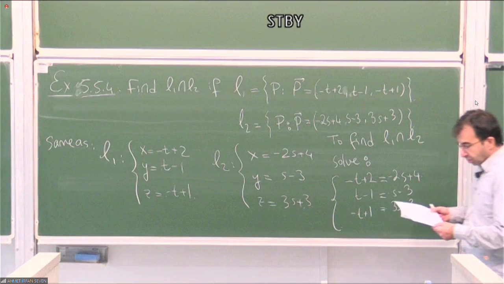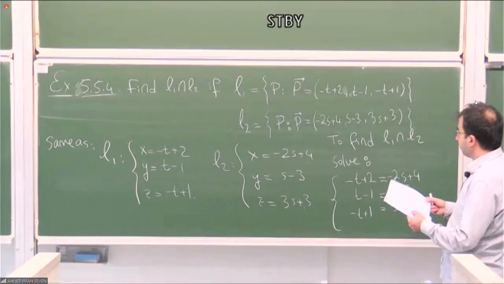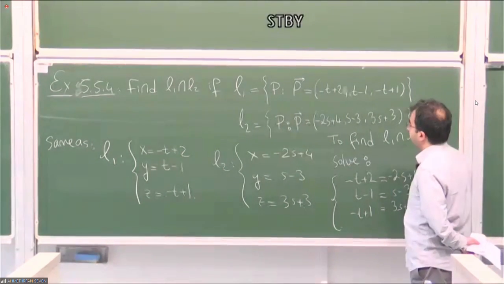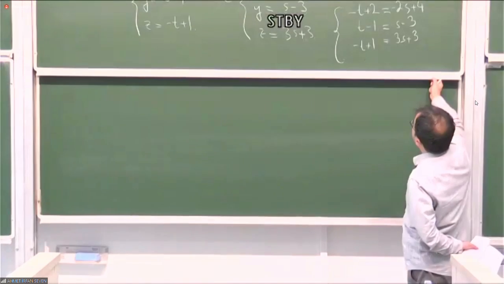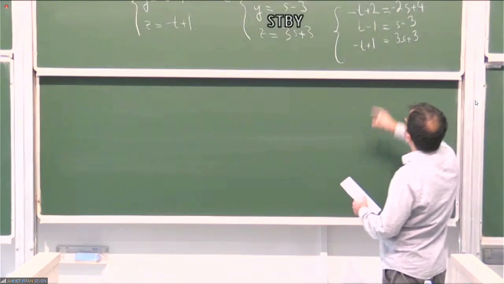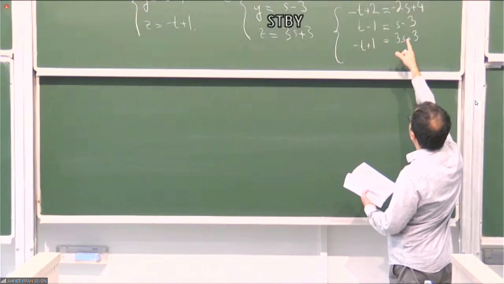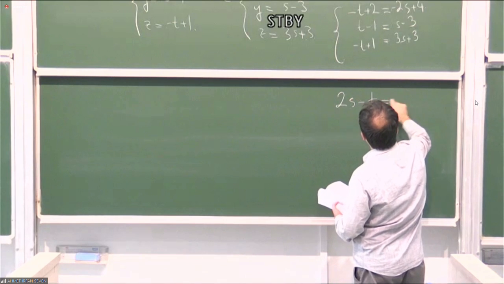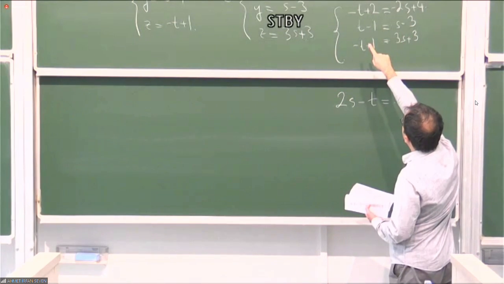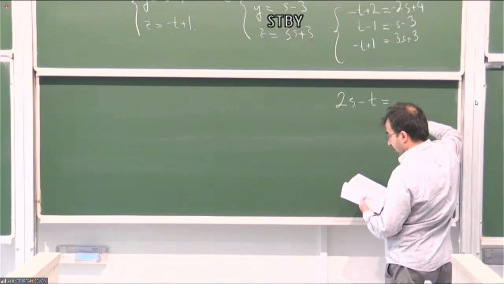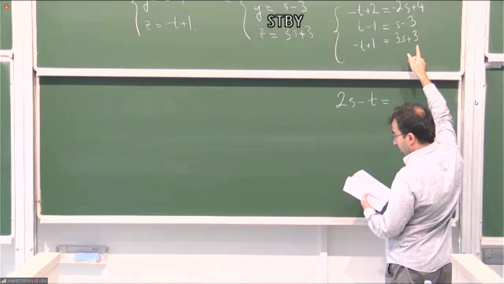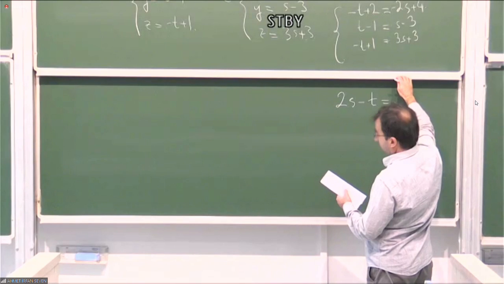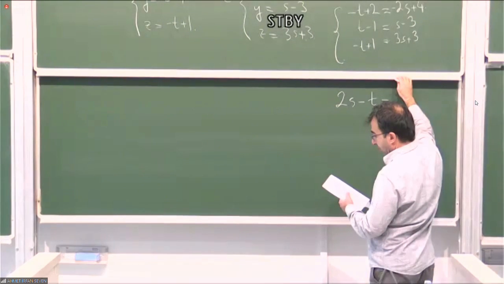Okay, so let's now write this more explicitly. Let me keep it like that. And then let's take unknowns on one side, constants on the other side. So I will have 2s minus 2 on the left and 2 on the right. 4 minus 2s plus 4.